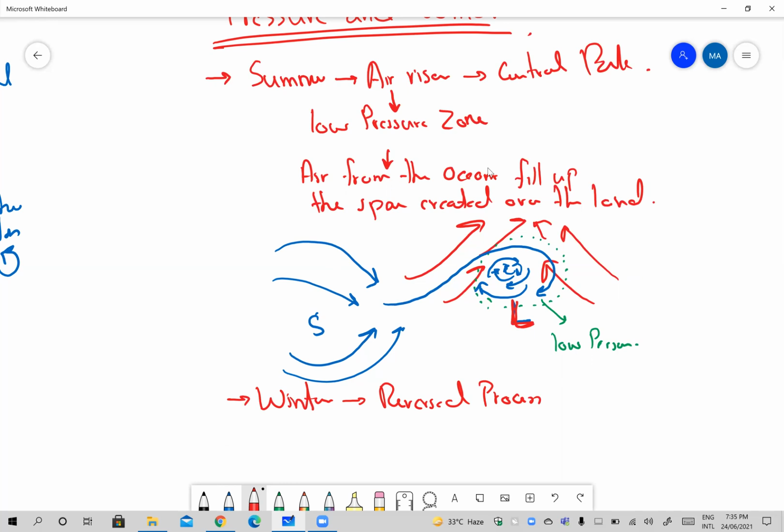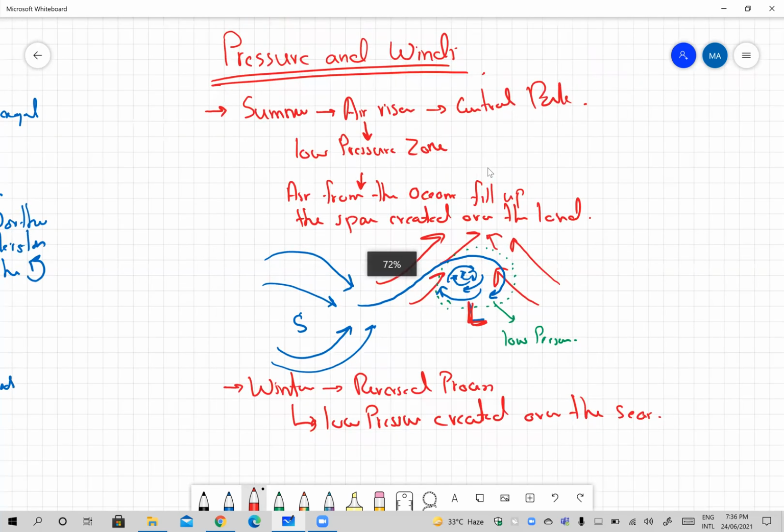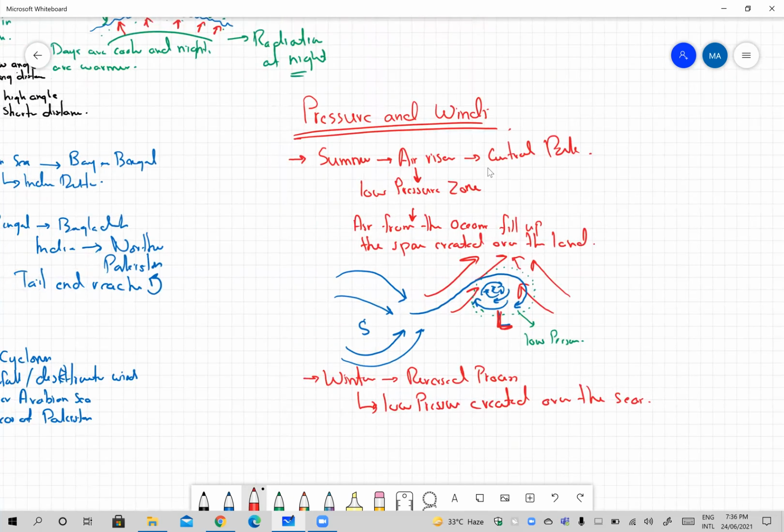So this low pressure zone is created over the seas in winters. All right, and then the cold winds from the land flow towards the sea, they fill up that pressure, and they carry the rainfall. This is what pressure and winds was.